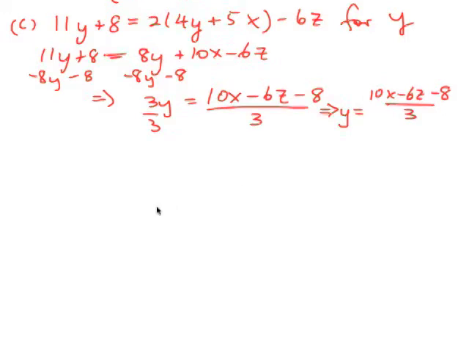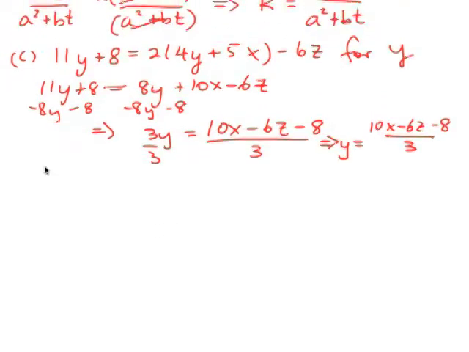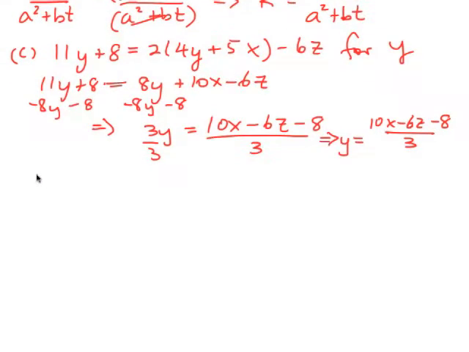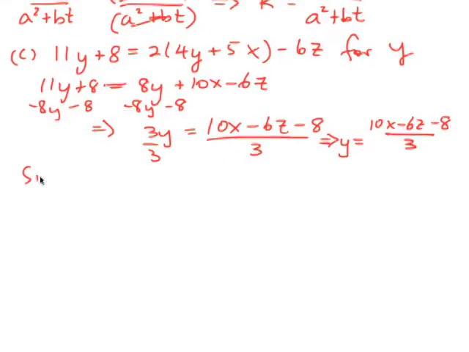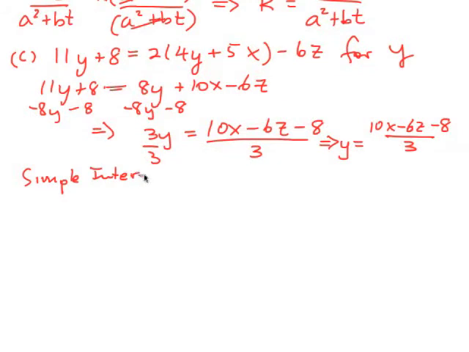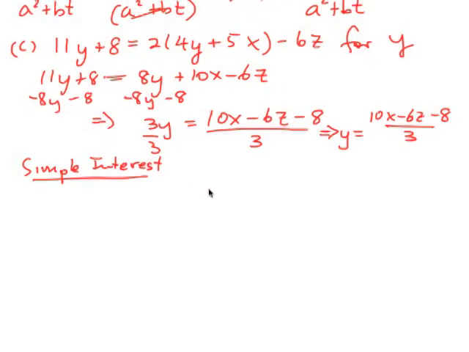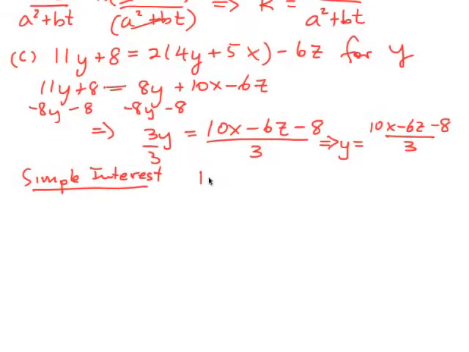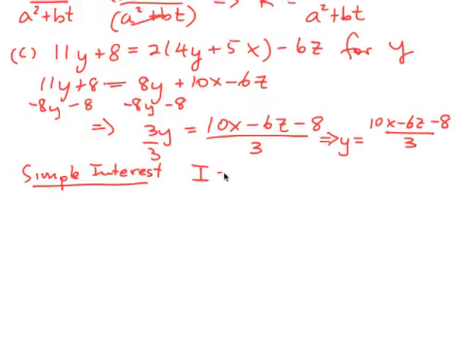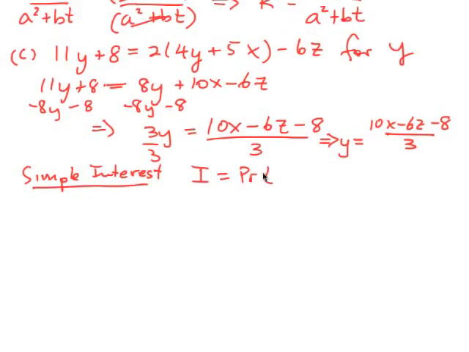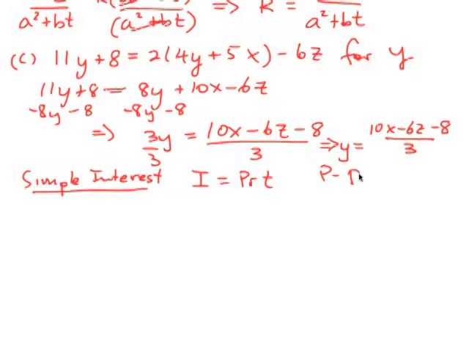And of course we have a very popular formula that we often work out, and that's simple interest. The formula for simple interest is given by I is equal to P R T, where P is what we call the principal.